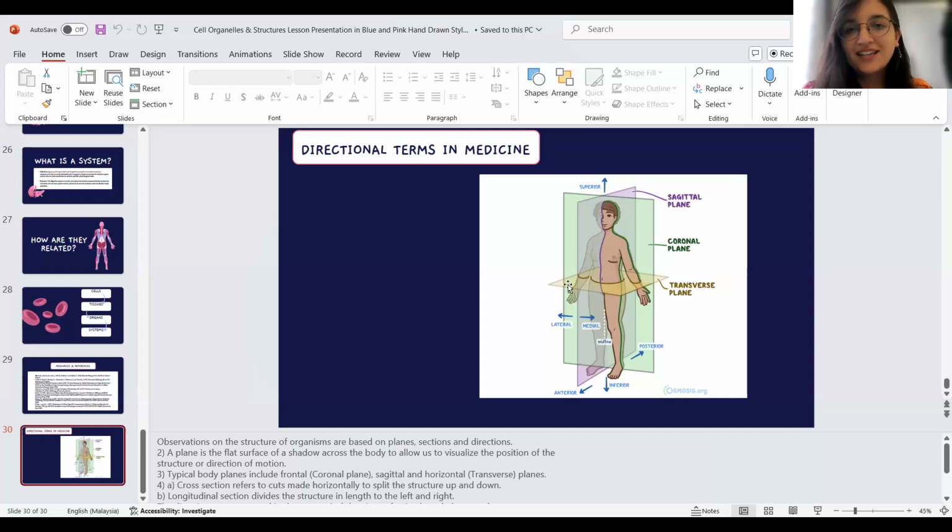So the right side is the lateral side and the left side is the medial side. So that was the simple part. It's fairly simple, but you just need to know the names and get familiar with them and the directions, of course. So that was it for directional terms used in medicine.